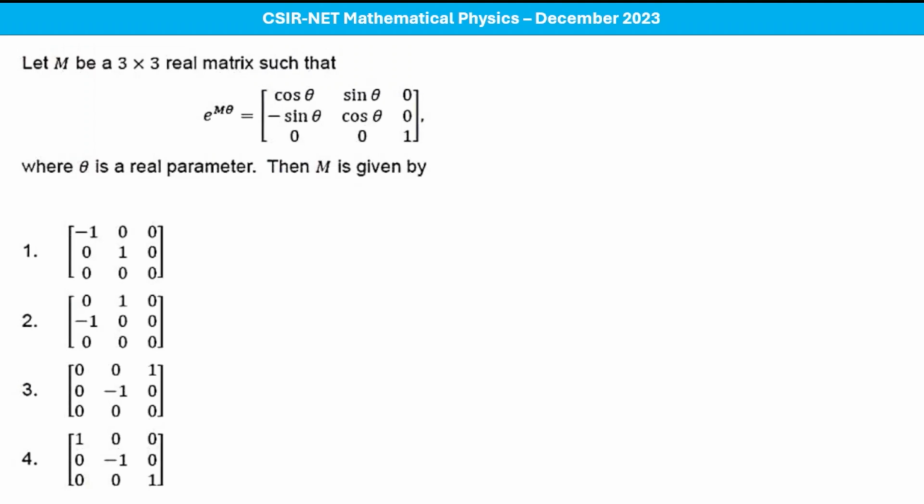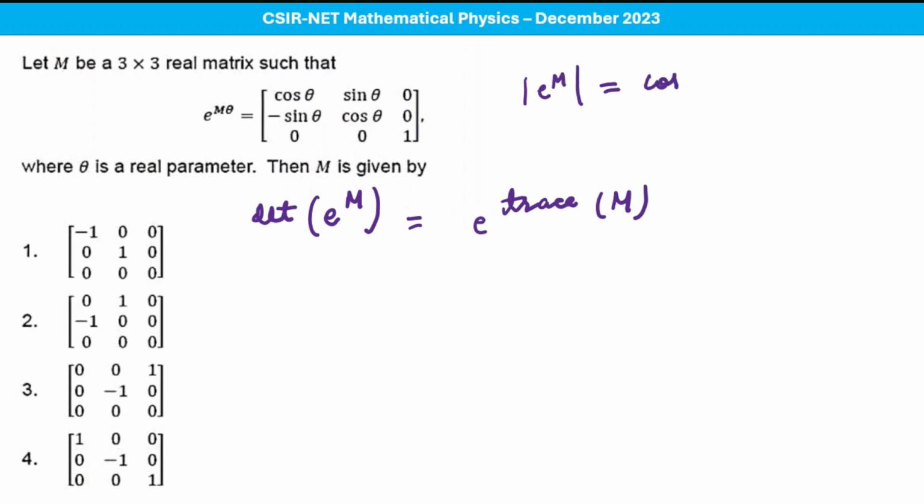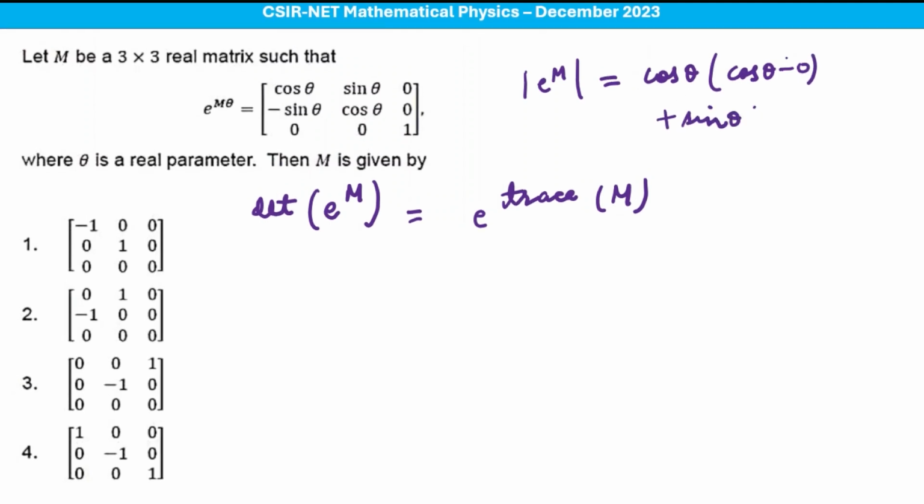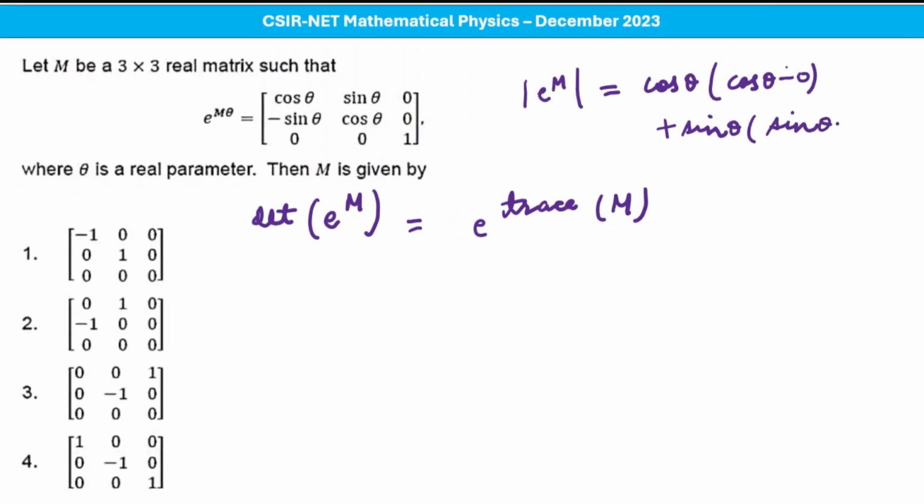In this question, we will use a matrix property which says determinant of e raised to power M is equal to e raised to power trace of M. Trace is the sum of the eigenvalues of matrix M. So determinant of e raised to power M will be cos theta minus 0 plus sin theta and sin theta.